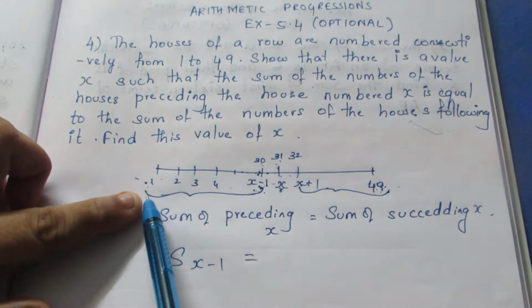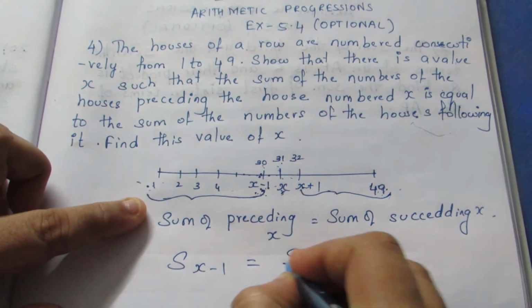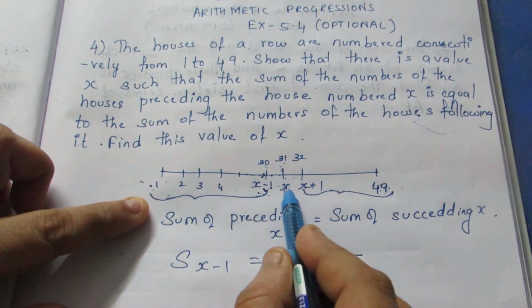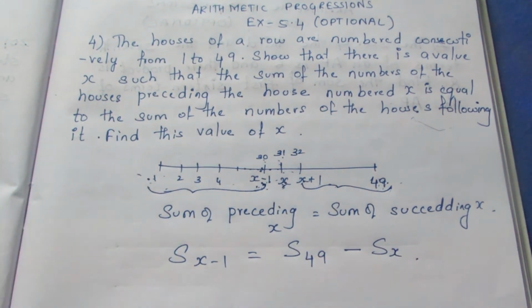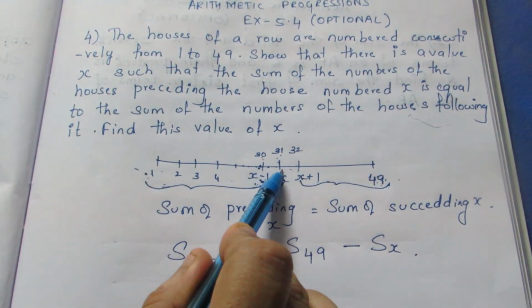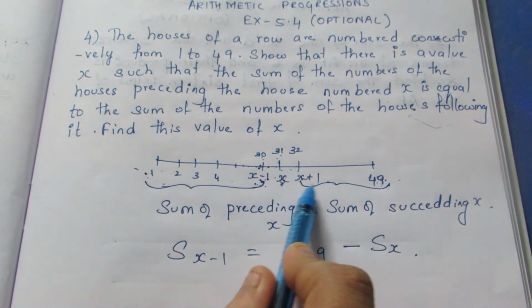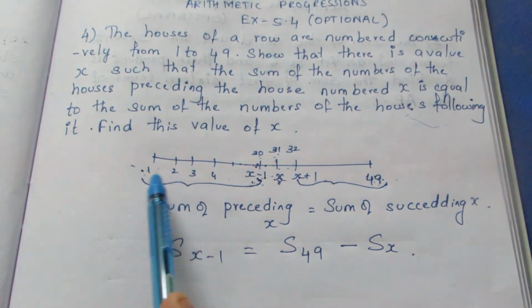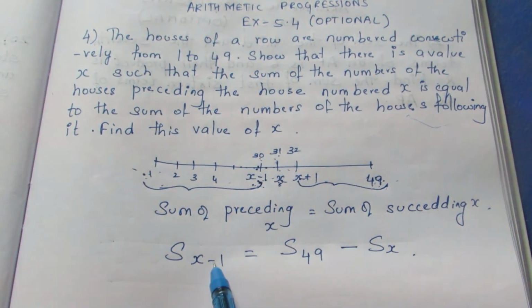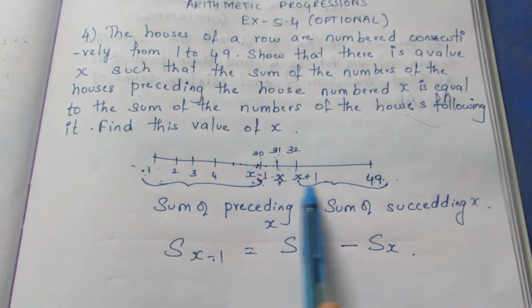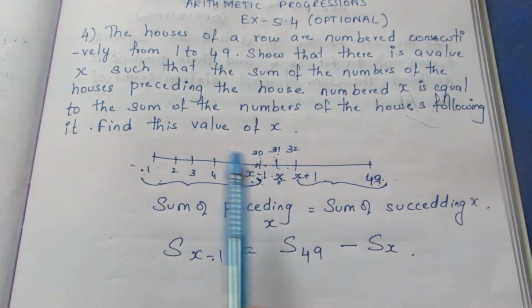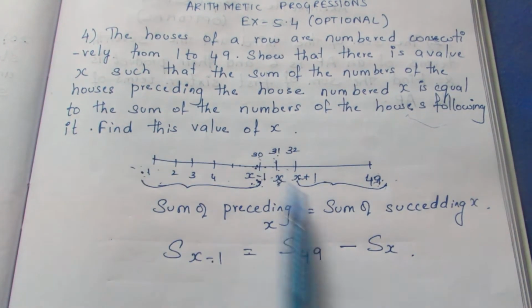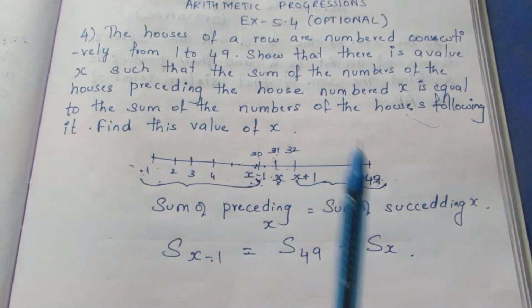So the sum of the preceding houses is equal to S49 minus Sx. We can't take it in between, so I am taking it fully and subtracting Sx.